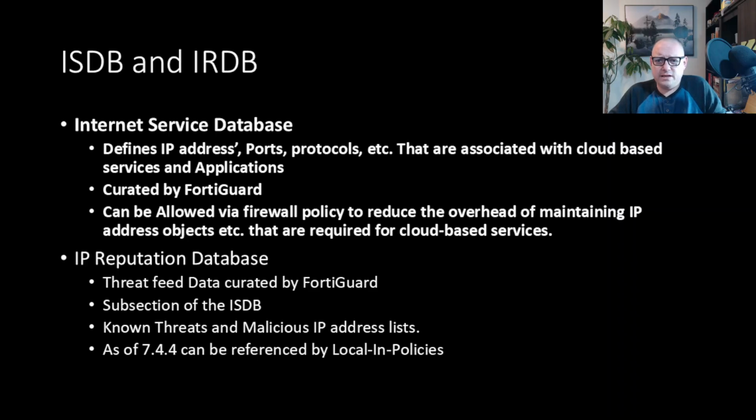They are things like anonymizing VPN services or Tor exit nodes or Tor relay nodes. All of these things that you may want to limit traffic to and from your environment for.